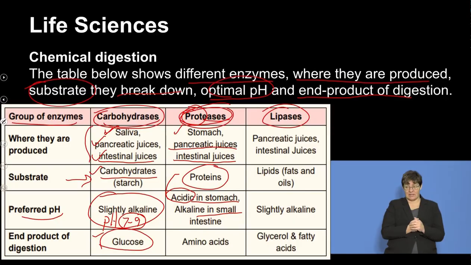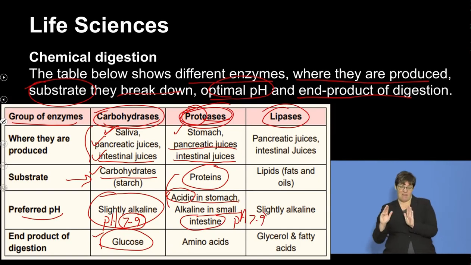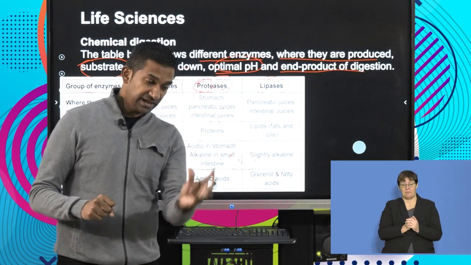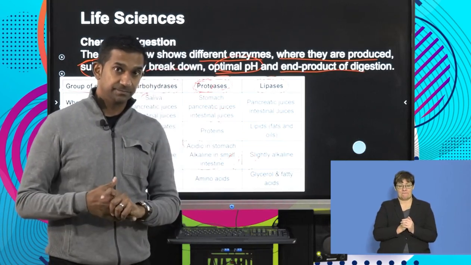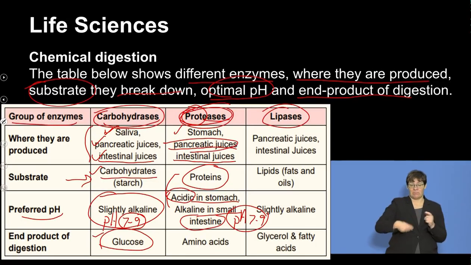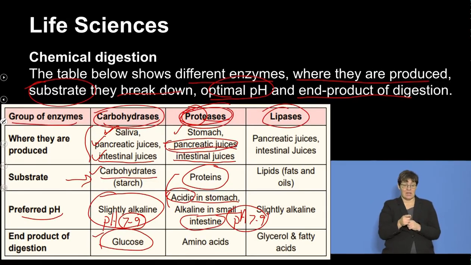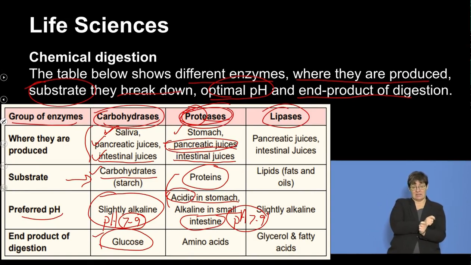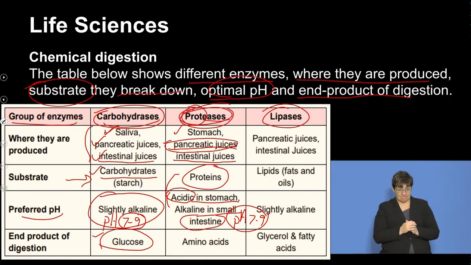However, when the chyme moves into the small intestine, we see a change in pH, which now becomes alkaline. So it's between 7 to 9. It means that there's a radical change from being acidic in the stomach to being alkaline in the duodenum. To assist with this, the pancreatic juices produce the alkaline enzymes to adjust the pH as the chyme moves from the stomach into the small intestine.